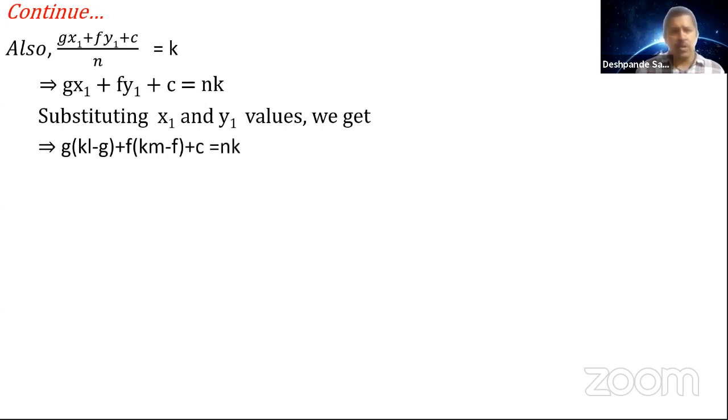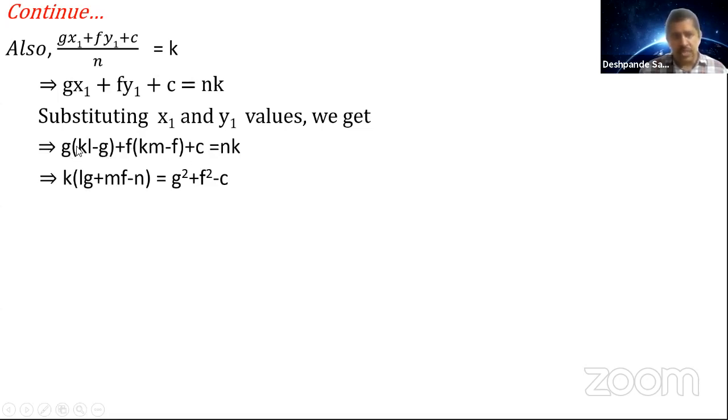Now you can expand this. You got k here and k here. So take k common: gl, and fm, and bring the nk to the other side as minus n. So you got k times (lg + mf - n).